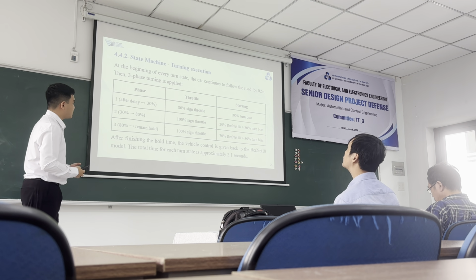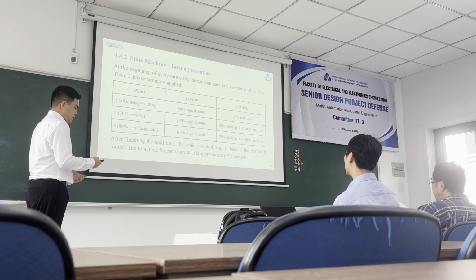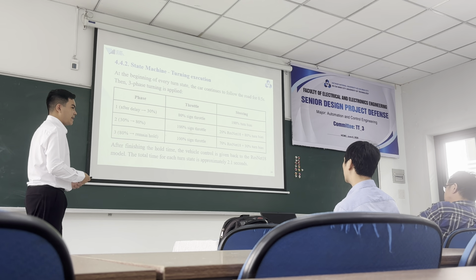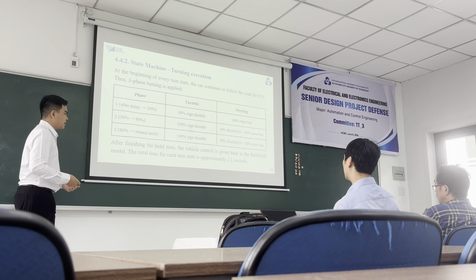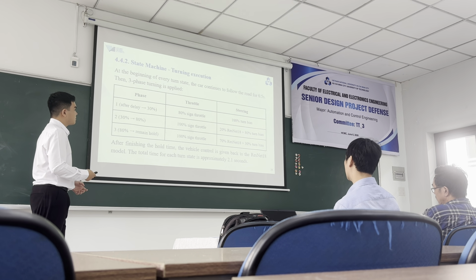In this three-phase turning program, the phase command and the ResNet 18 lane following model will share control of the car for different throttle speed and steering bias. After the three phases are completed, control of the car will be given back to the lane following model to continuously drive the car.